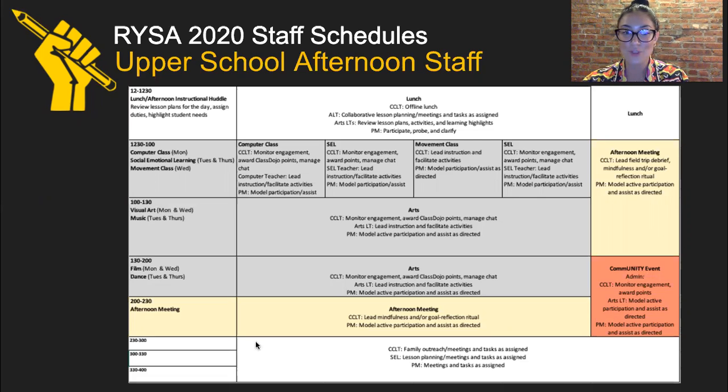Similarly, from 2:30 until 4 p.m. upper school afternoon staff have the opportunity to conduct family outreach if you are a classroom culture lead teacher, lesson planning if you are, for example, an SEL or digital literacy instructor, and meetings and tasks as assigned for peer mentors and for all of the previous roles mentioned as well.